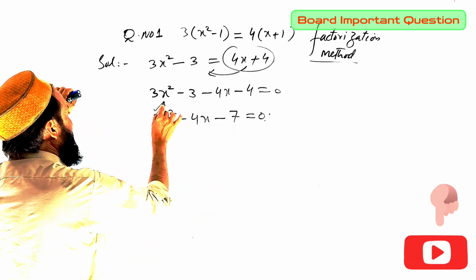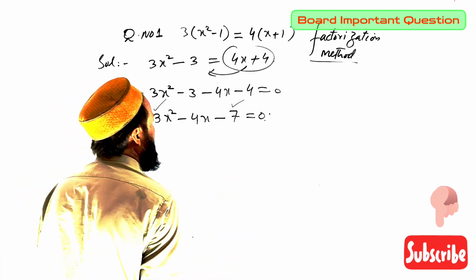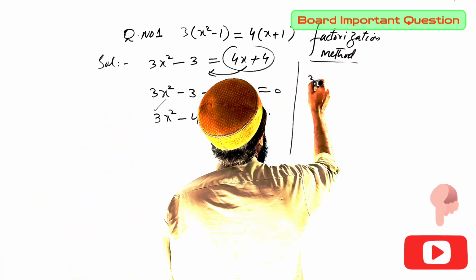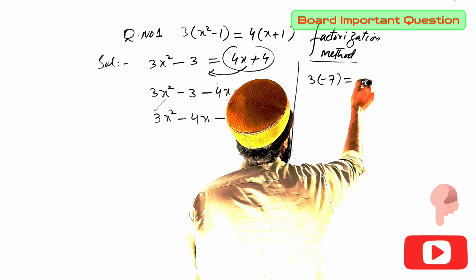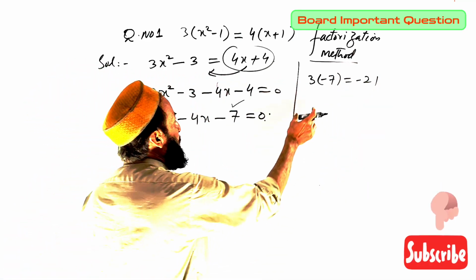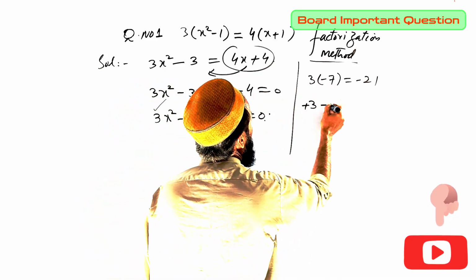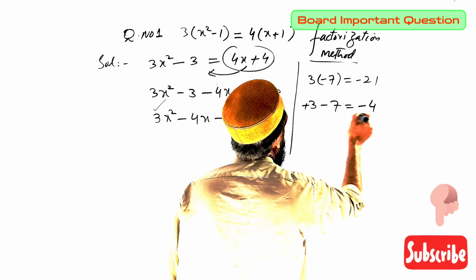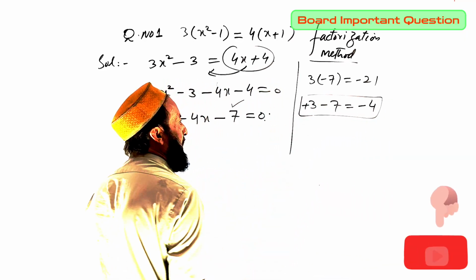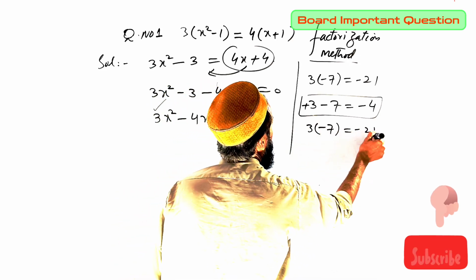Now the same process: the coefficient of x square is 3 and the constant term is minus 7. So 3 times minus 7 gives minus 21. Now we require two numbers that add to give the middle term minus 4, such as plus 3 and minus 7, and if we multiply them we get minus 21.